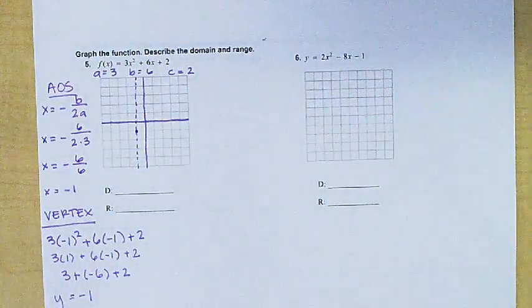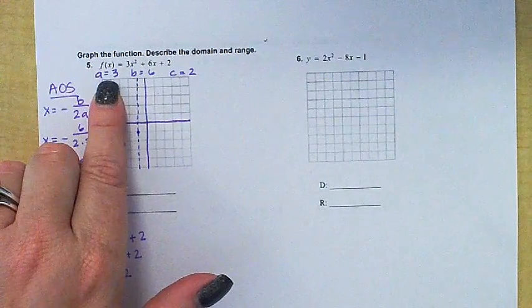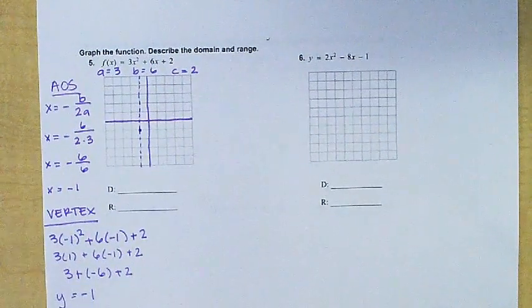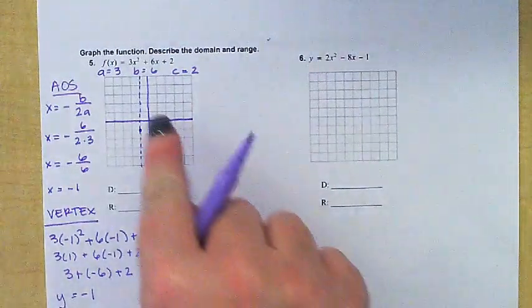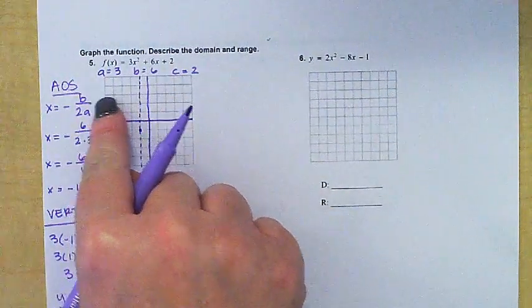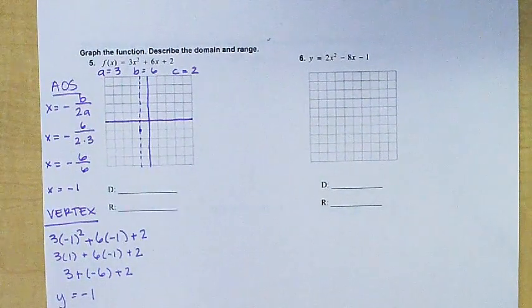All right, so what do I do from here? Well, I know that that parabola is going to open up because my a value is positive. So I know the next thing I need to look for is a point up in this area, and we are lucky enough to have this c equals 2.